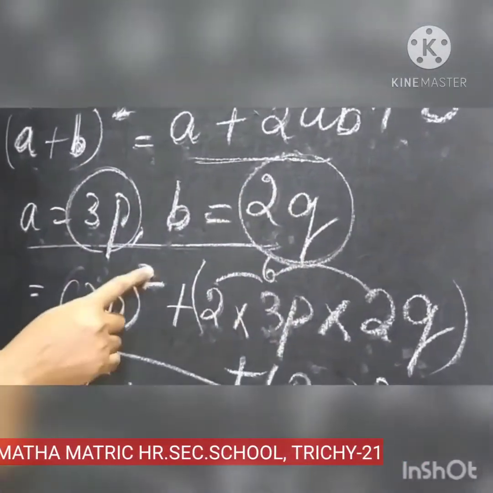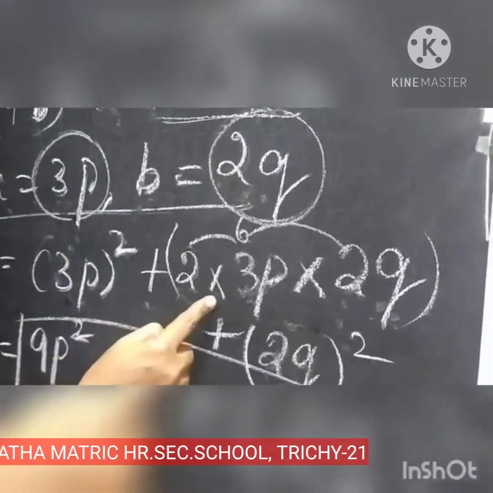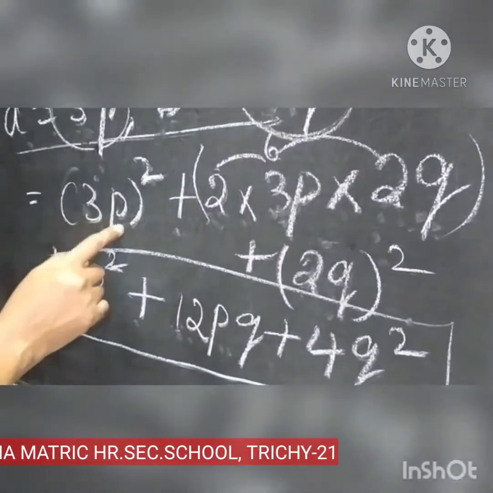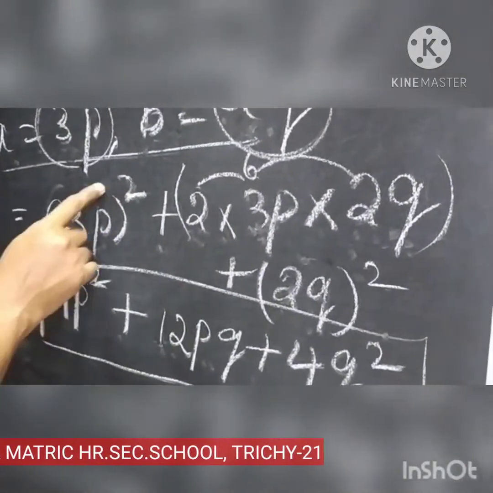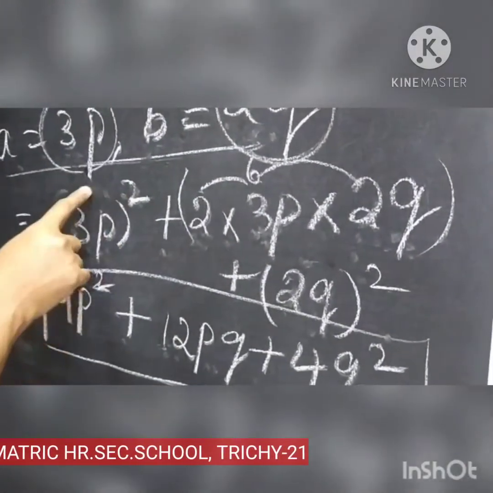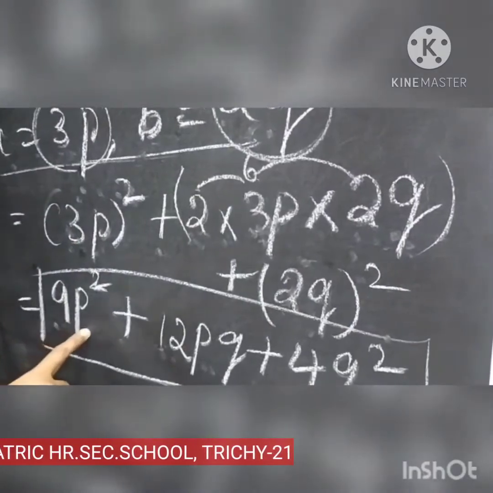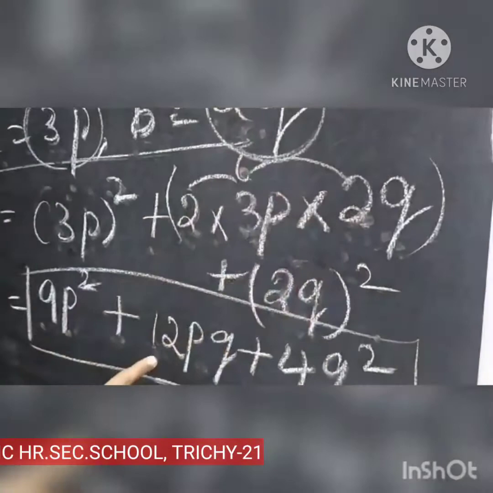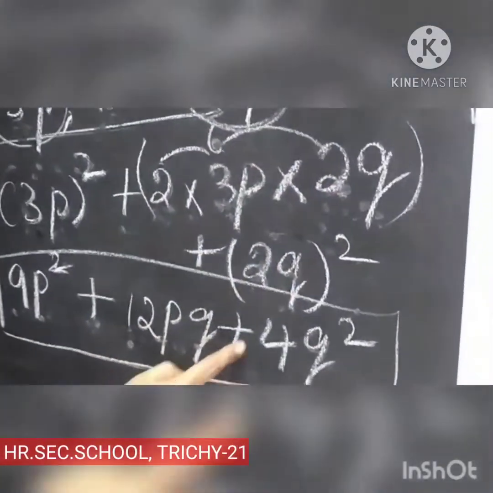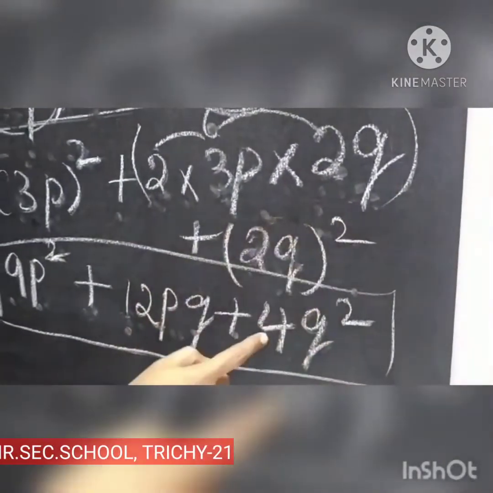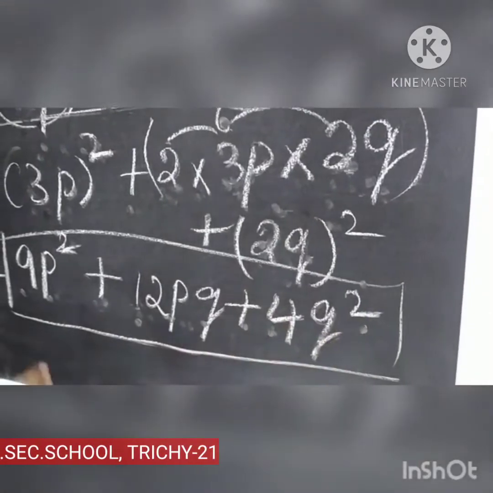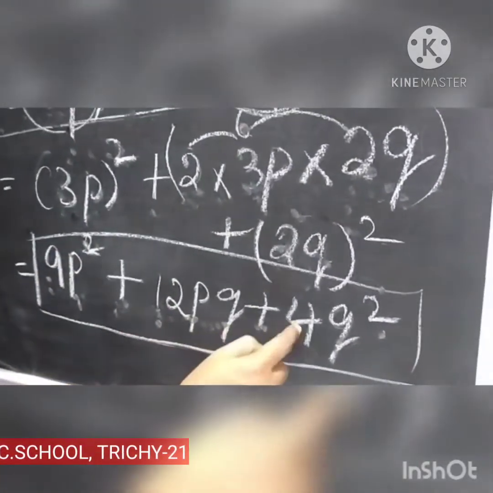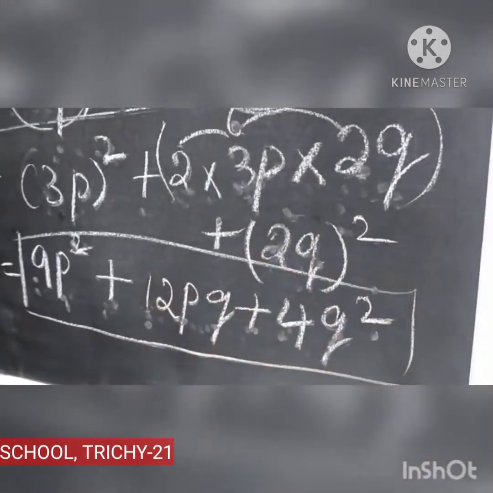So (3p) the whole squared plus 2 into 3p into 2q. (3p) the whole squared means 3 squared and p squared. 3 squared value 9p squared plus 2 3s are 6, 6 2s are 12, 12pq plus 2 squared and q squared, 4q squared. The answer is 9p squared plus 12pq plus 4q squared. This is the final answer.